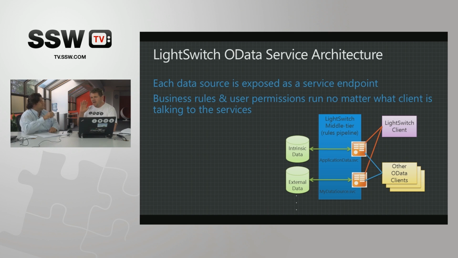If you have an external data source, then locally, the only things you can do are add computed columns in the model, or change the type to one of the business types. So if you've got a string field, but you know it's actually a phone number, you can say this is a phone number field, and then all of that validation logic will get applied before it gets persisted as a string to the back end.